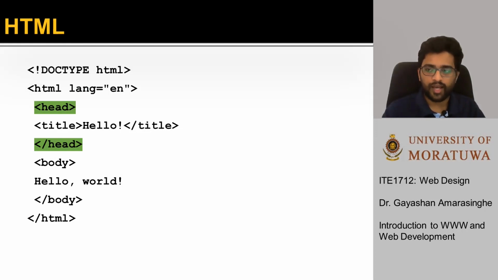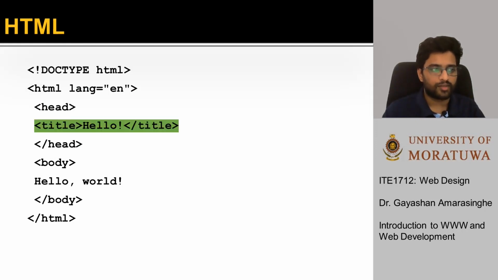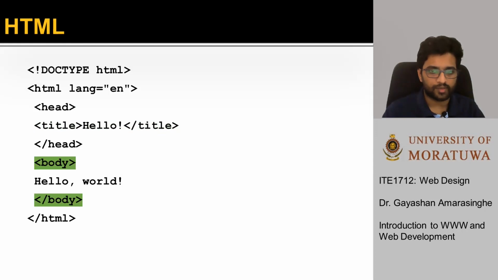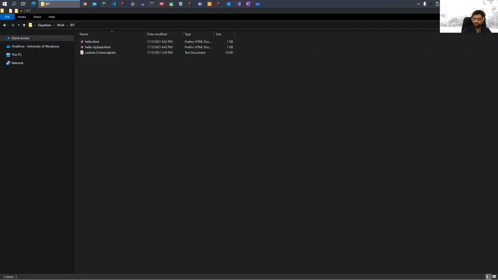Okay, so now that we have seen some of these HTML tags, you can see that there are tags like title, which says hello. There's a body, which has another text saying hello world. Now that you have seen how an HTML page looks in terms of text, let's see how it looks in a web browser.